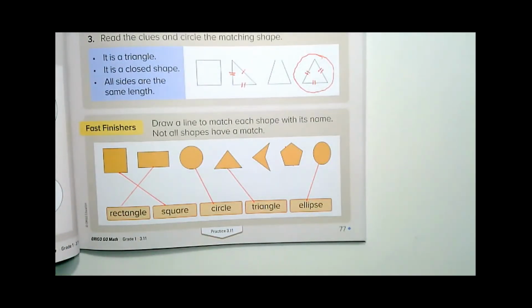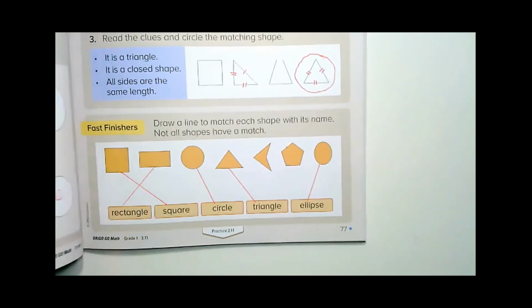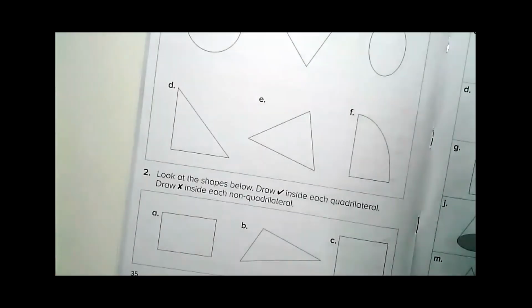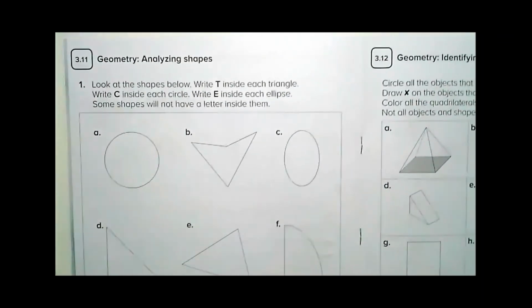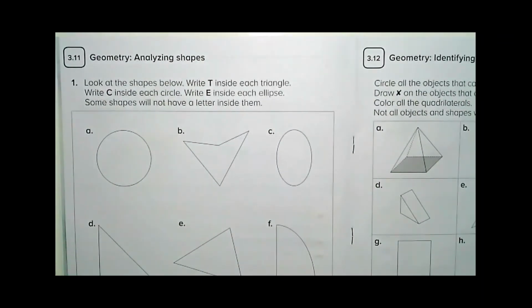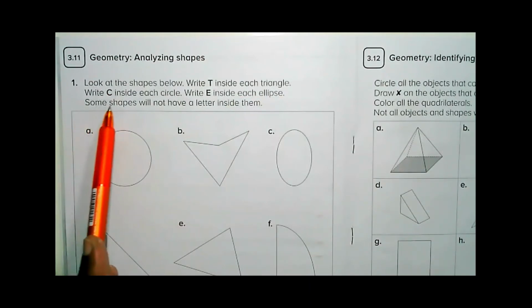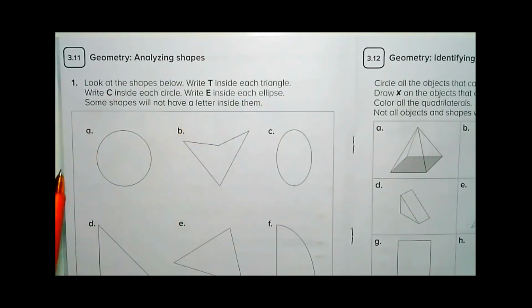Now let's go on to practice 3.11. Look at the shapes below. Write T inside each triangle, C inside each circle, E inside each ellipse.